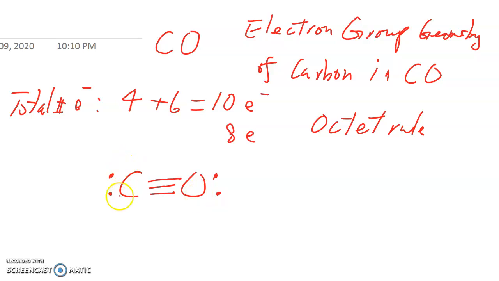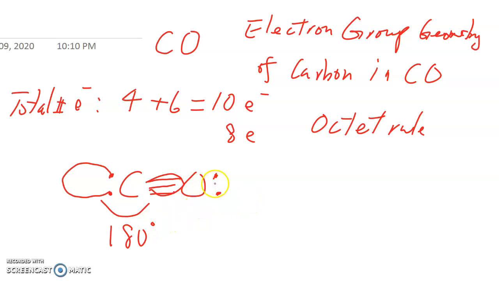Oxygen is good. Now, how many electron groups does carbon have? 1, 2. It has 2. Why? Because a lone pair of electrons, we treat it as one group. Over here is another group. And therefore, this one is linear. The angle between the 2 electron groups will be 180 degrees.